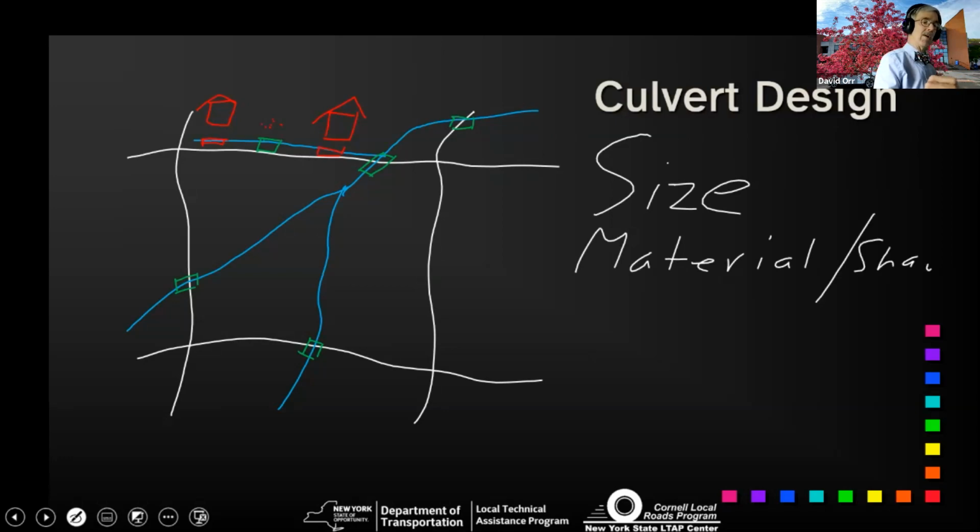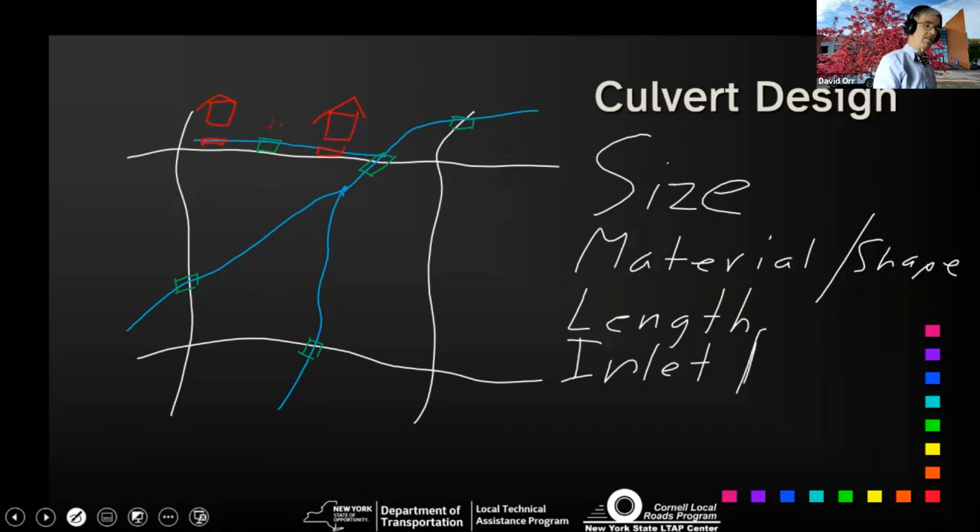Is it just going to be round, which is the most common, or some squashed pipe or an arch or something like that? We need to know the length. Okay, that's pretty important. And we may want to think a little bit about the inlet and the outlet. So these are the things that we need to know.